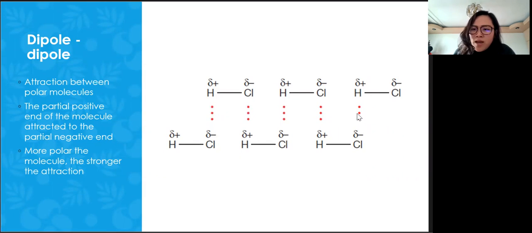Some students would wonder, isn't hydrogen bond also dipole attraction? Or if a molecule has hydrogen bonding, can it also form dipole-dipole attraction? The answer is yes. Only that hydrogen bond is too strong compared to dipole-dipole attraction. It's 10 times stronger, so it often overshadows the dipole attraction from the rest of the molecule.